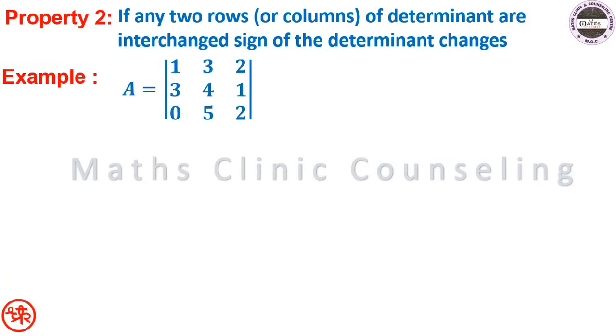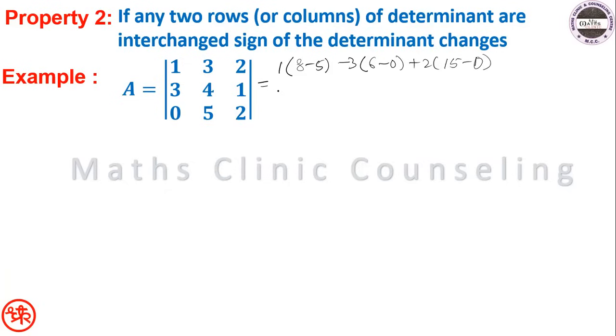So the example is here, A. First of all we find the value of this determinant. It is equal to 1 multiplied by (8 minus 5), minus 3 multiplied by (6 minus 0), plus 2 multiplied by (15 minus 0).